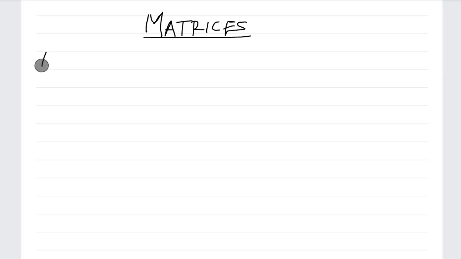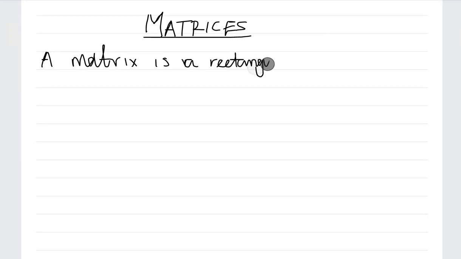You say that a matrix is a rectangular array. A matrix is a rectangular array of numbers in parentheses.